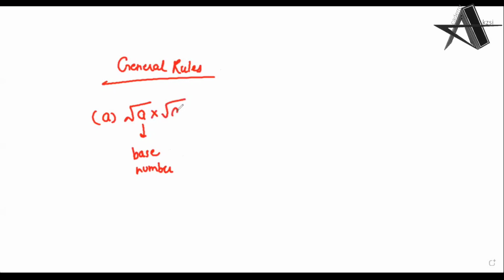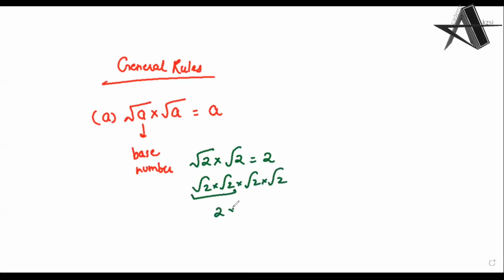Root a times root a will give you just a. Similarly, root 2 times root 2, the answer will be just 2. If you are multiplying it 4 times, root 2 times root 2 times root 2 times root 2, this gives 2 and this gives 2, multiplied, so the answer is going to be 4.